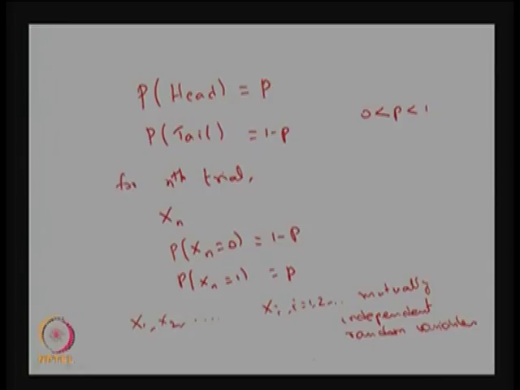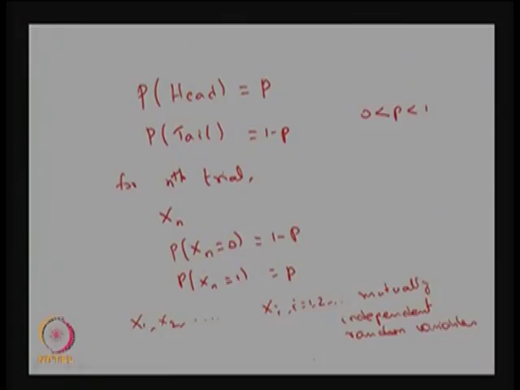So, this is a random experiment in which you are tossing a coin infinitely many times, and for any nth trial you define the random variable Xn, which takes the value 0 with probability 1 minus p, and the value 1 with probability p, equivalent to a head appearing with probability p and a tail with probability 1 minus p.